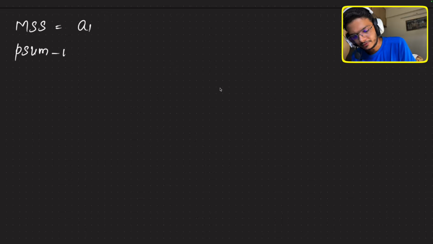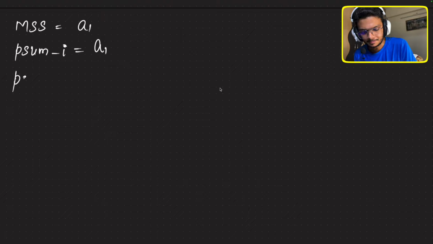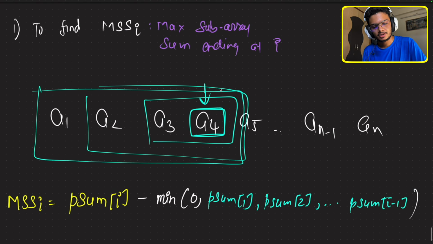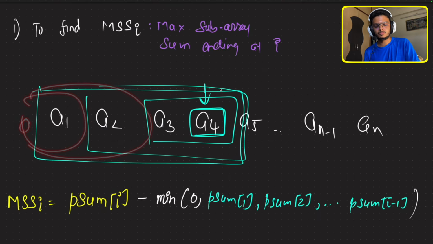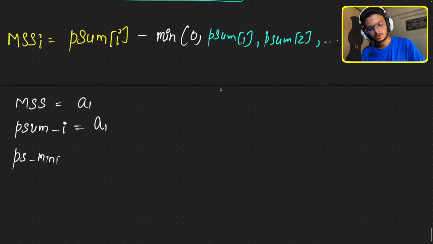So prefix sum of I. So prefix sum of I is a prefix sum like till the first guy is simply even, fine. But we also need this concept of prefix sum mini, right? So maybe let me just call it prefix sum mini. That is whenever you are at this guy, you need minimum of 0, this portion, right? So prefix sums basically. So we also need that notion.